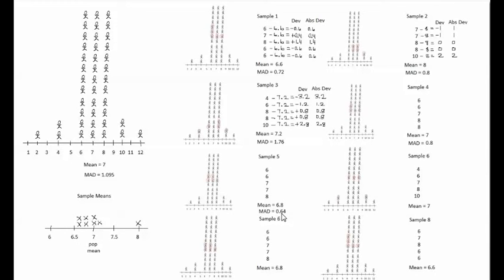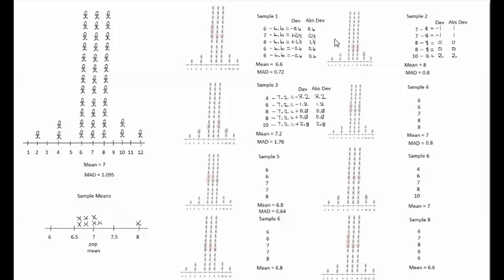This one is 0.64, which means that it's similar to these mean absolute deviations up here. So notice so far how 4 of the samples have had pretty low spread.